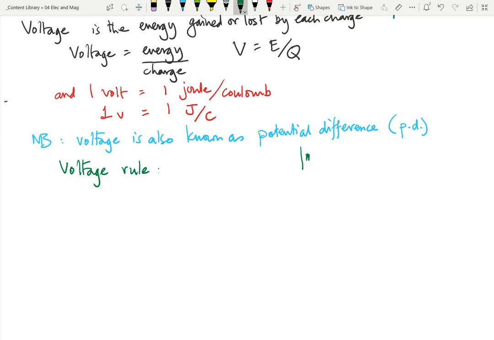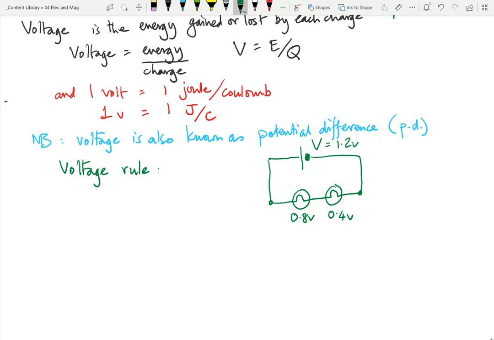If we've got a source of voltage and we've got maybe two light bulbs here, they're not necessarily the same. They don't have to be the same for this rule to work. But if the voltage of the supply is, say, 1.2 volts, if there are 0.8 volts dropped across this one, then the other 0.4 volts must be dropped across that one.